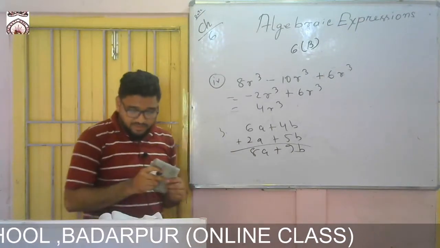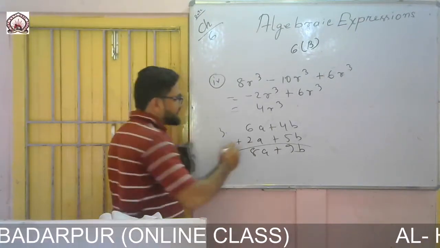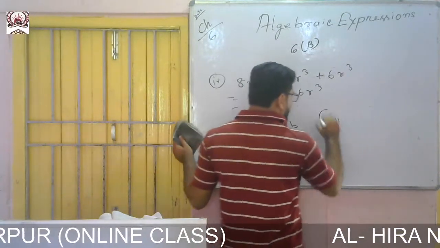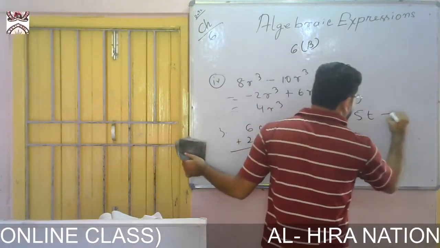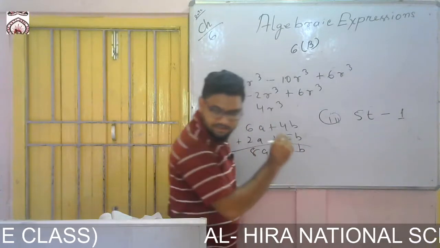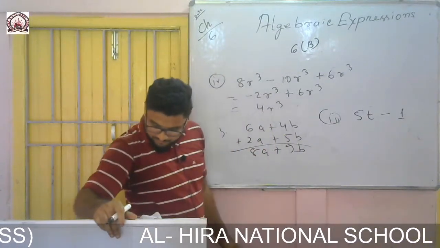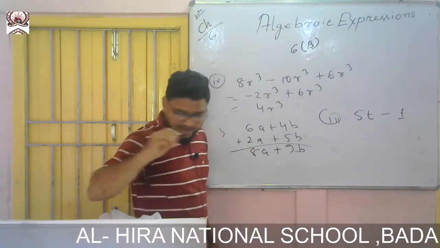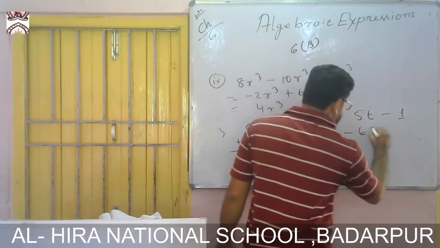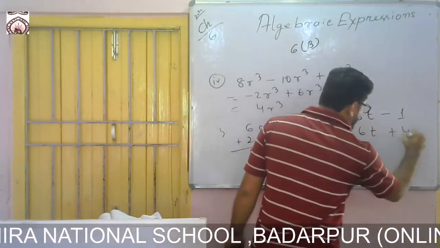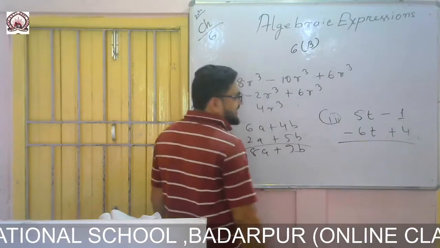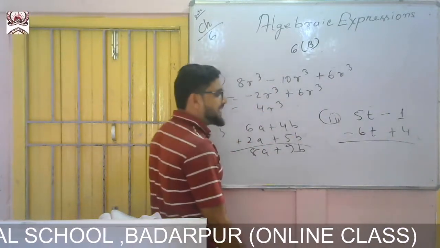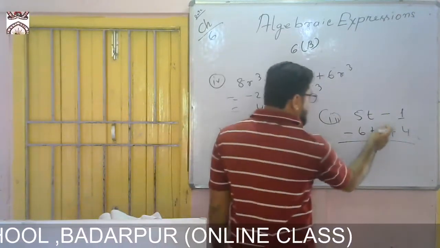So like this, come to question number 3, Roman 3. 5t minus 1, then 6 minus 6t plus 4. Then plus minus, minus.